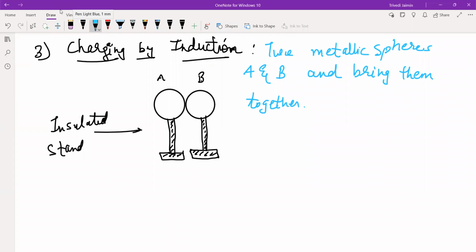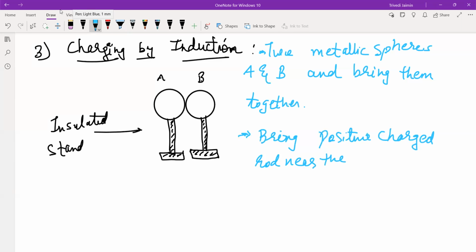Now, if we bring some charged rod or something, let's take it as positive, near A, that is on the left end of sphere A. See, we are not touching. We are just bringing it nearby. Let's draw a rod here.